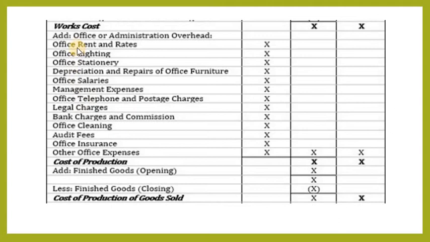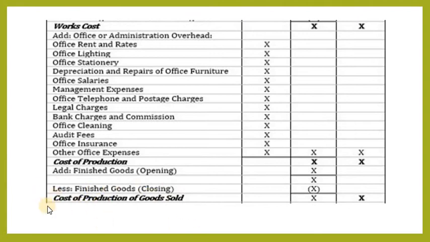Okay, then after adding all these expenses into work cost, we are getting the cost of production. Then after calculation of cost of production, we will add the finished goods of opening stock, then less finished goods of closing stock.